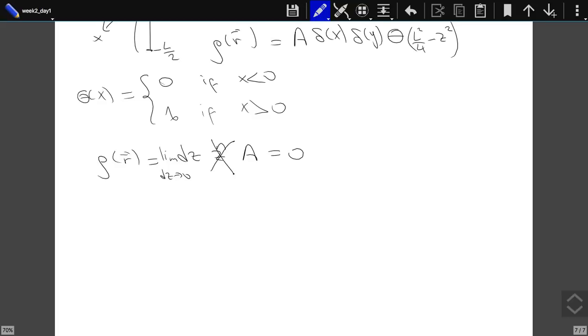Still, it is not true, because rho of r need not be small. You see, delta Q will be equal to rho of r times delta V. This can be very small, but that is because we take delta V to be very small, but rho of r need not be small.